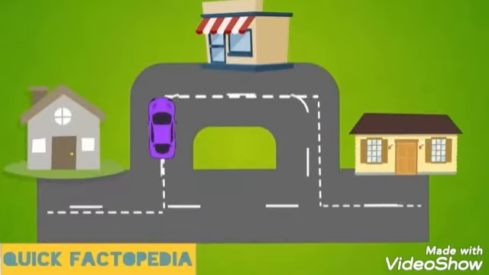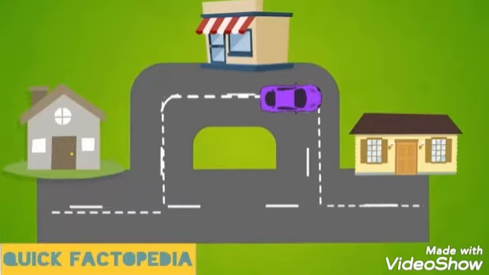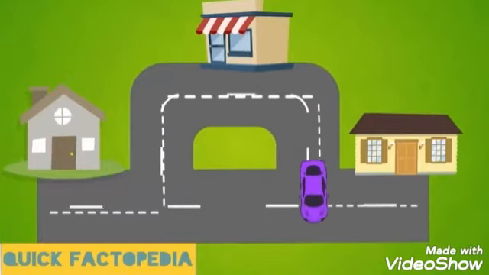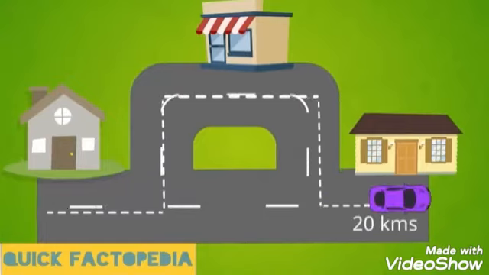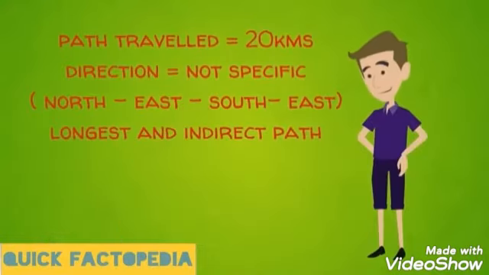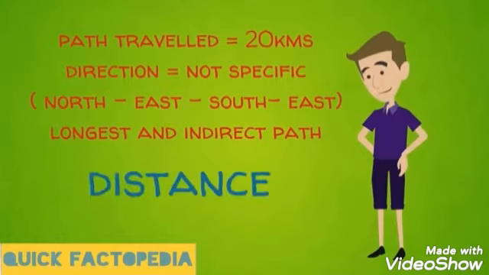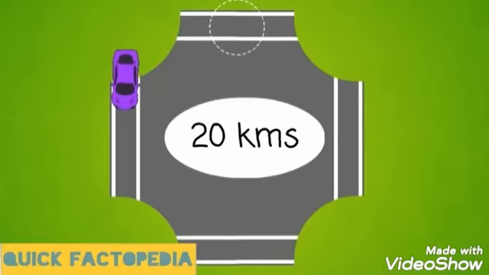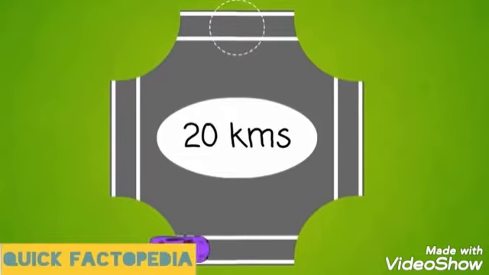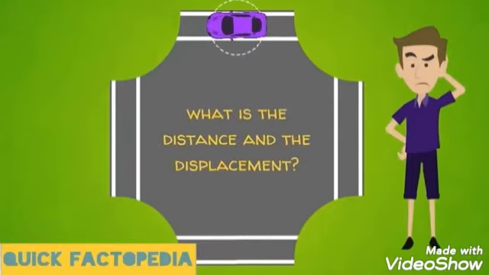Now you are taking an indirect route, that is the longest path from your house to the destination, 20 kilometers. Path travelled is equal to 20 kilometers. Direction not specific. So you are taking the four direction, longest and indirect path. That is distance. Suppose you are starting from a point by the car and you are ending at the same point.